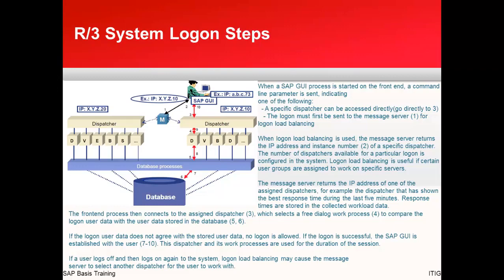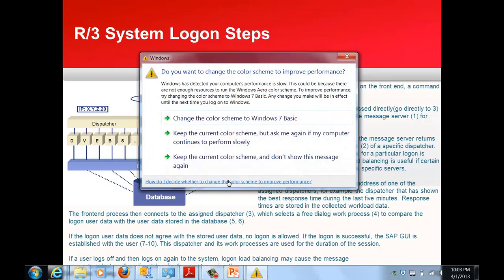Say, for example, if a user wants to do some dialog-related activity, to perform some transaction online, it will be sent to this particular work process, that is D, which stands for the dialog work process. If any changes are made by the user, it will go to the V work process, which stands for updates.